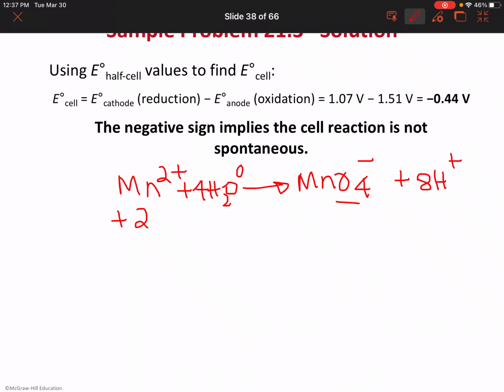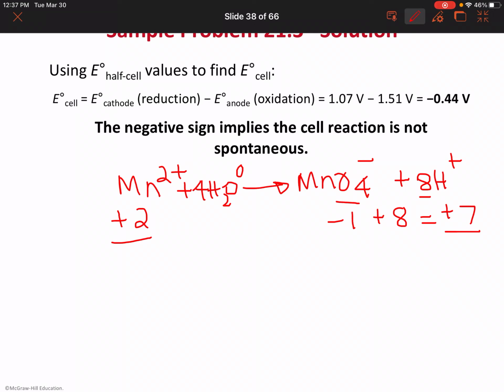And MnO4 minus 1 from the permanganate ion plus 8H+. Minus 1 plus 8 equals plus 7. So plus 2 goes to plus 7. Does the oxidation number increase or decrease?